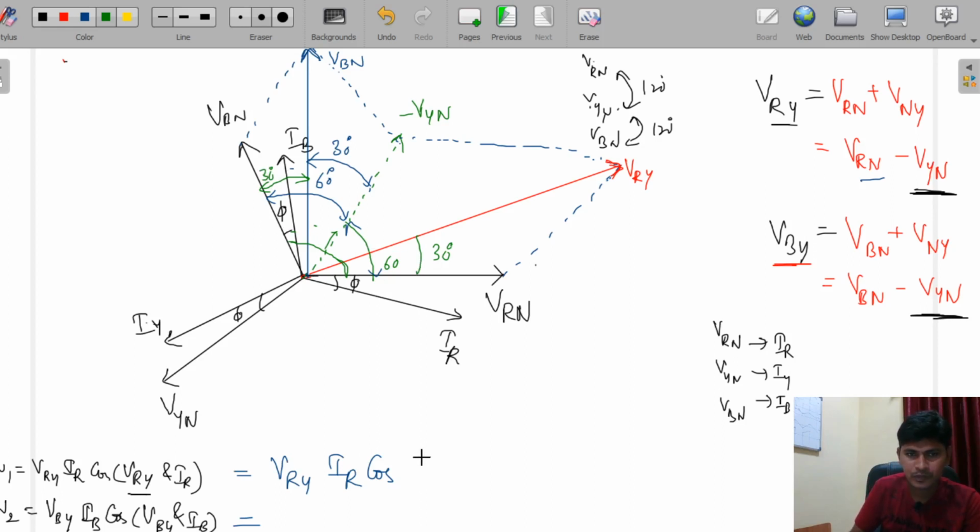So what is the angle between VRY and IR? This is VRY, and this is IR, right? The angle between these two, VRY and IR, is 30 plus phi. The angle between these two is phi, and between these two is 30. So 30 plus phi is the angle between VRY and IR. So cos of 30 plus phi is in W1.